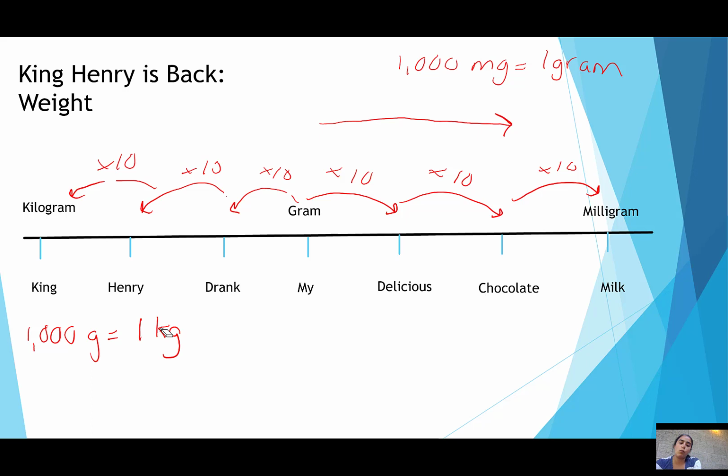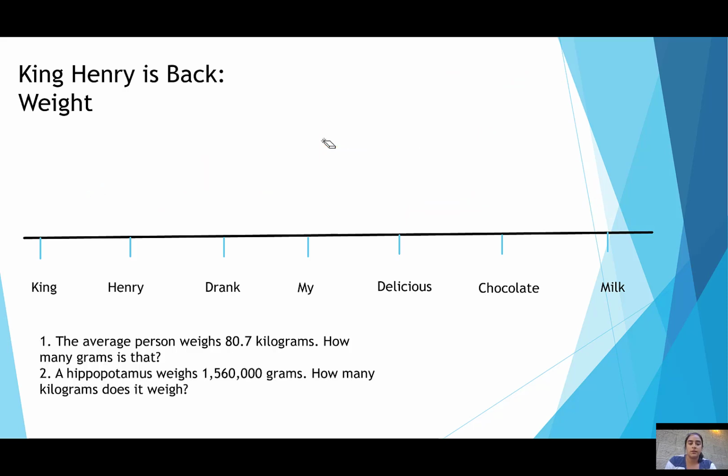So usually when we go in the direction going left, we are dividing and not multiplying because the unit is getting larger, so we need fewer of them. In this case, we're using the place value chart in the King Henry line in the same way we did when we were doing distance conversions.